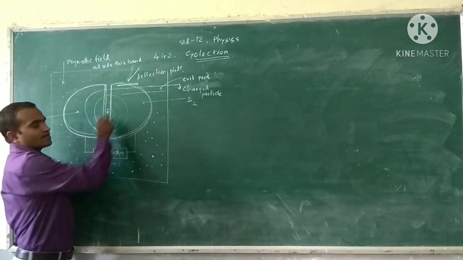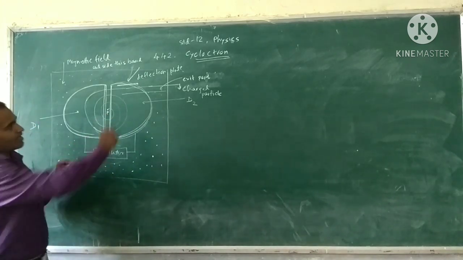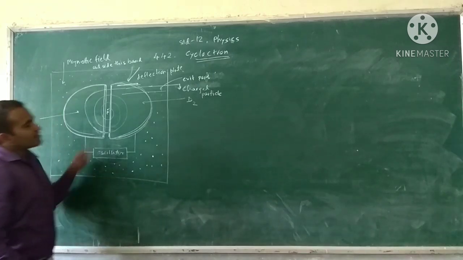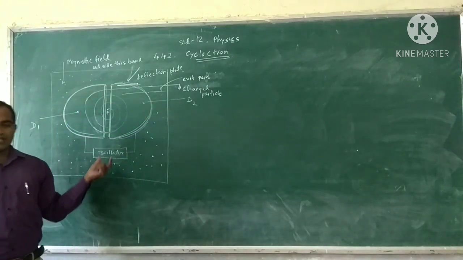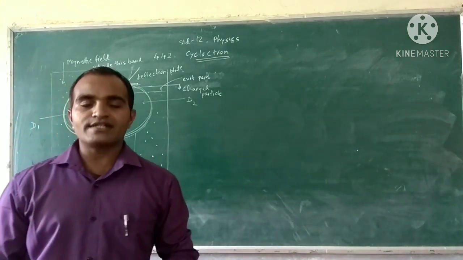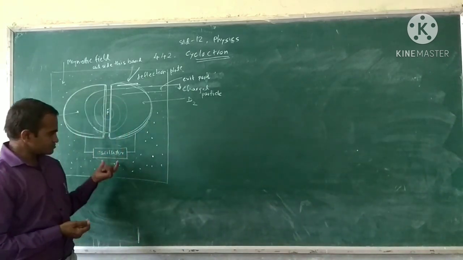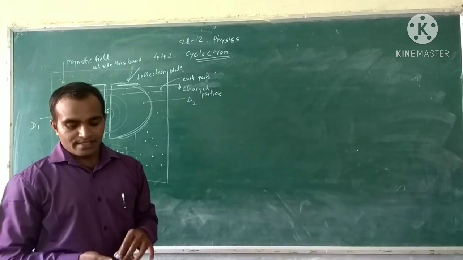This P is a charged particle which we want to accelerate, and this is the exit part, the deflection plate. Oscillator is one kind of AC source through which we can accelerate the charged particle.